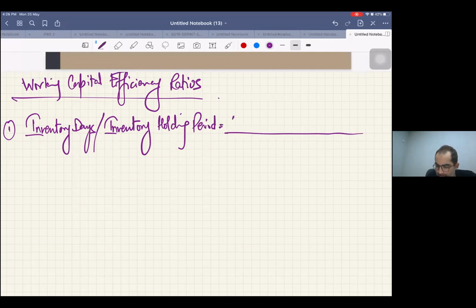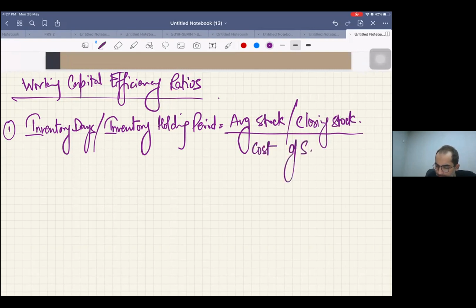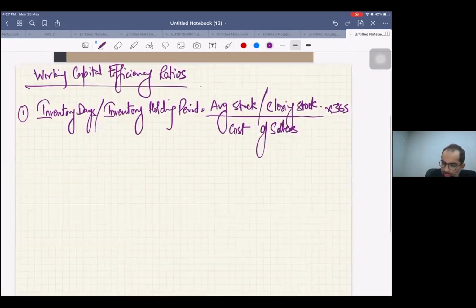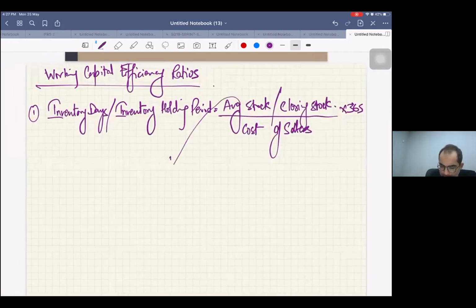The formula is average stock or closing stock divided by cost of sales times 365. Okay.